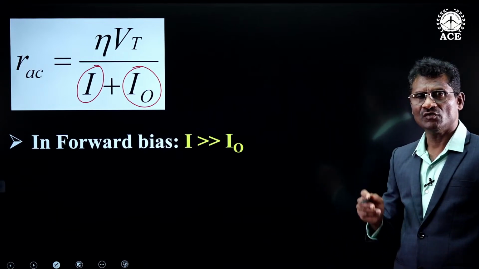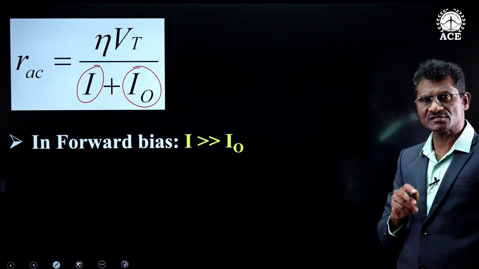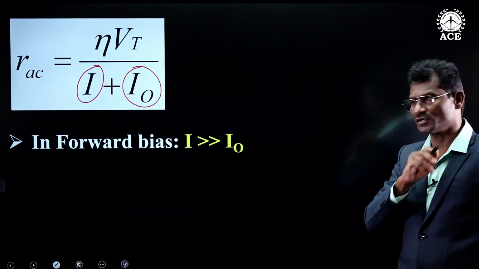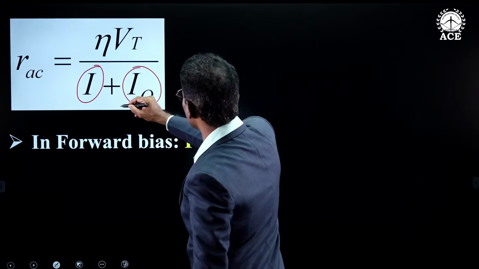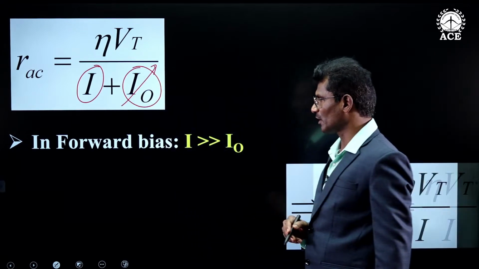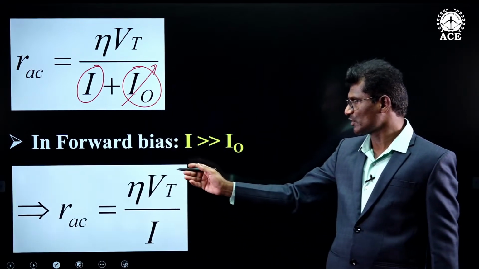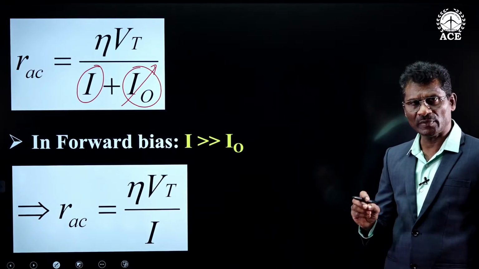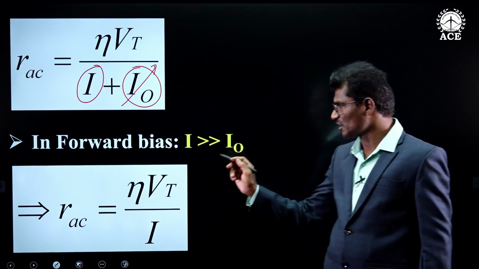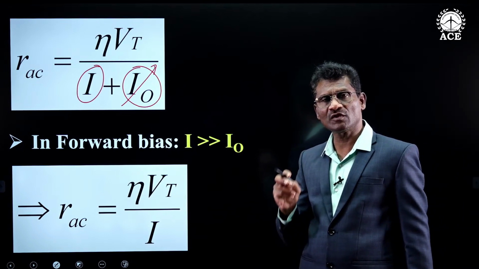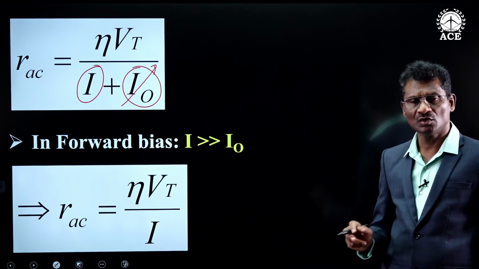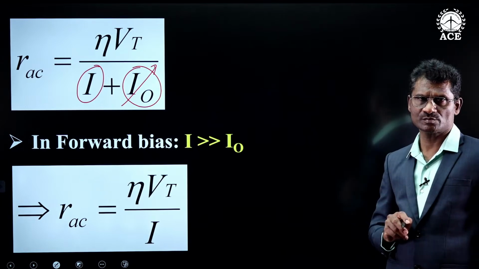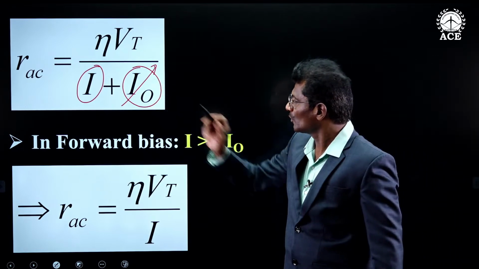So if we want to find out dynamic resistance of a forward bias diode, then compared to I, I naught can be neglected, and hence the equation gets modified as eta Vt by I. Remember one important thing, that this equation is valid only for forward bias diode. Don't use it for reverse bias. Okay.